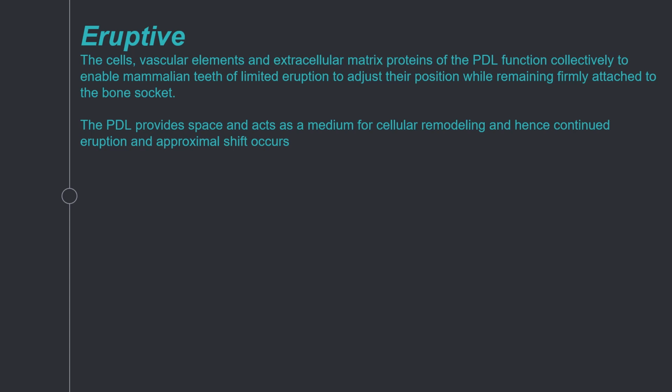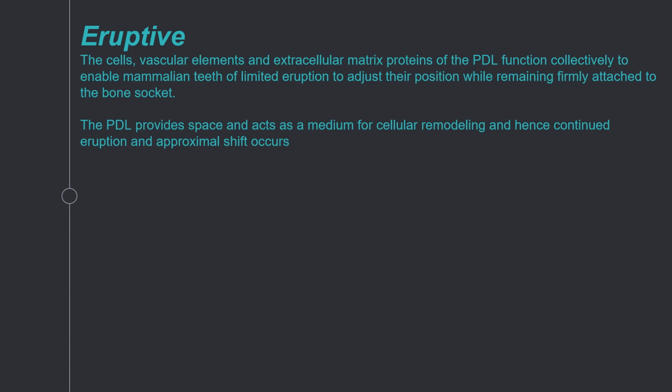So the next function is the eruptive function. The cells and the vascular elements, the matrix proteins, all collectively will allow the teeth to have a limited amount of eruption, and they adjust the position when they are already attached to the bone socket. Now, if a tooth is extracted, we see there is a mesial drifting of the tooth, the supra eruption of the tooth.